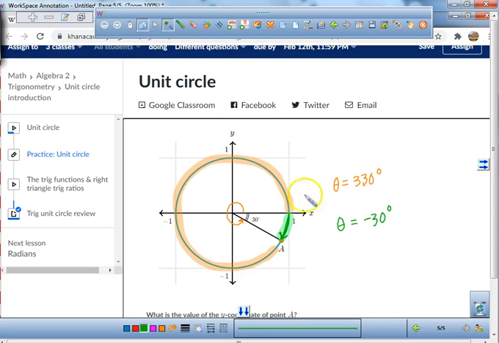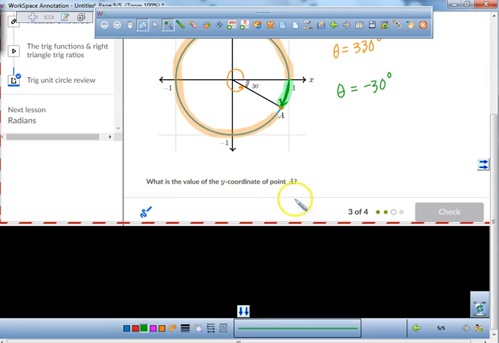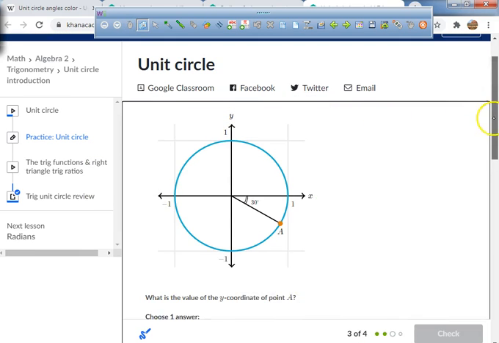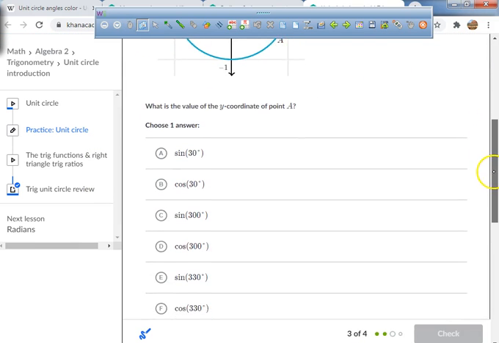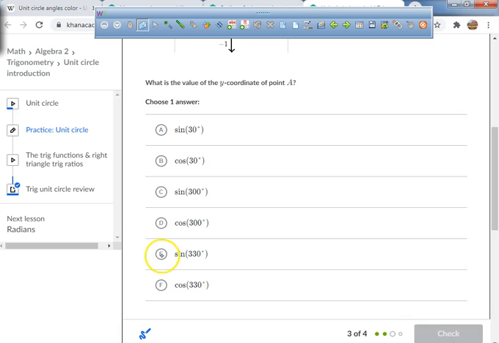All right? But right now, if we want to find the y-coordinate of point A, I'm going to say the sine of 330. Hopefully that's an answer choice. If it's not, then we'll find another answer that works. Because we're looking for not the x-coordinate, we're looking for the y-coordinate. I see the sine of 330 right there.